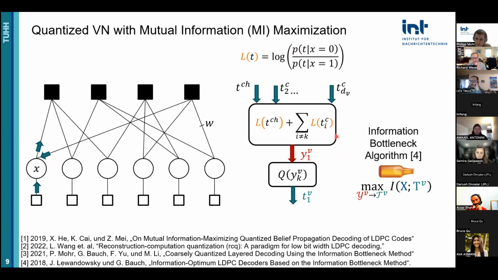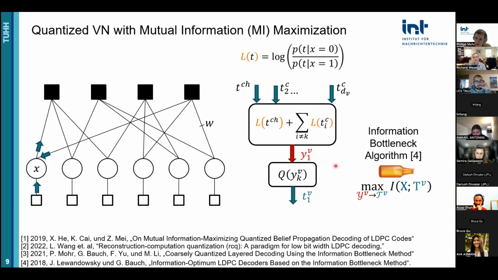We can now perform a quantization operation to reduce the bit width. And now the goal is to keep the mutual information as high as possible with respect to the message here, the compressed message, but still having low resolution.